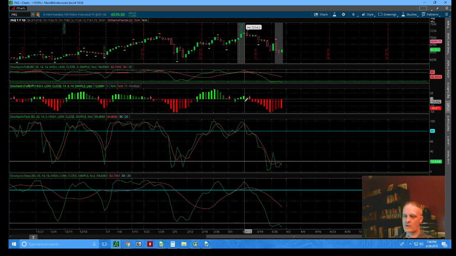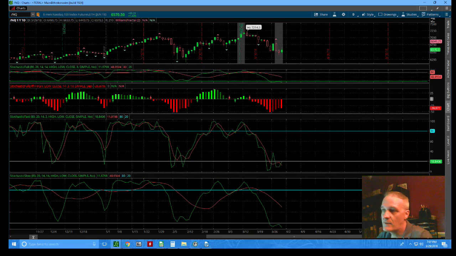If you went long every time fast K crossed above fast D, and then sold and went short every time fast K crossed below fast D, you would generate a lot of unnecessary trading commissions, which is a cost of doing business. Plus, you might also have some unprofitable trades because they would be false signals and they would turn against you, and they would presumably hit your stop if you're using stops.